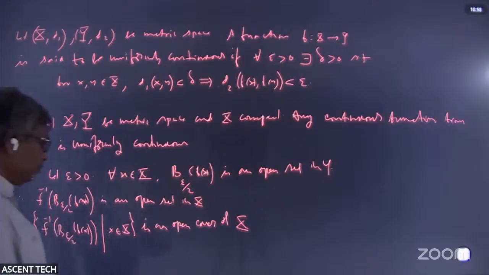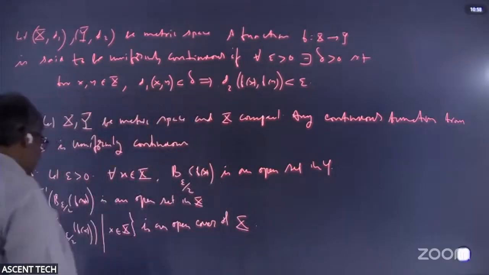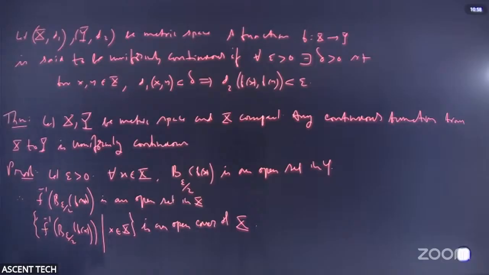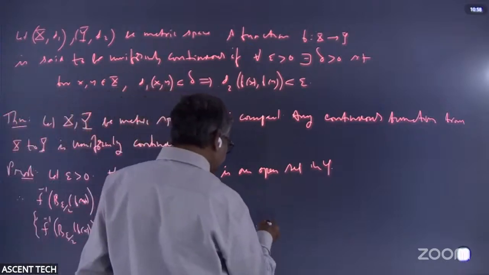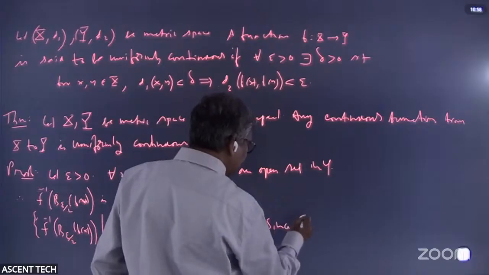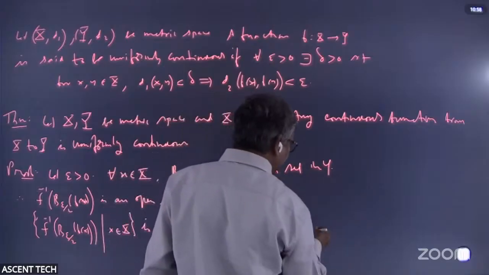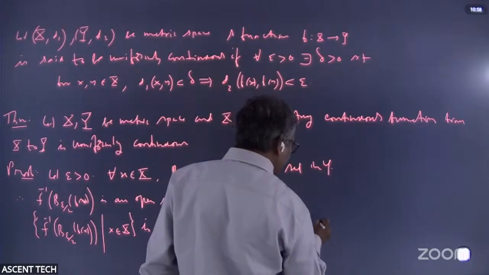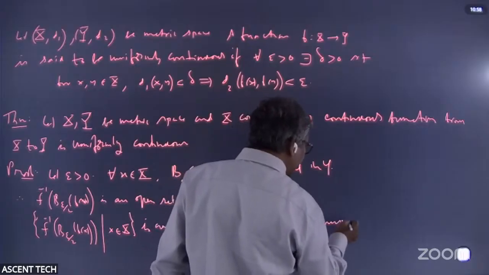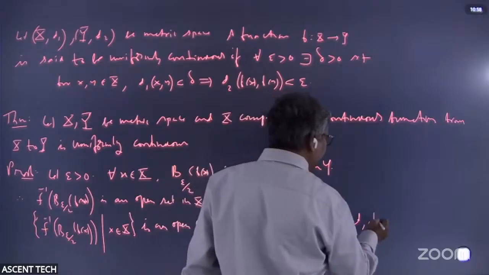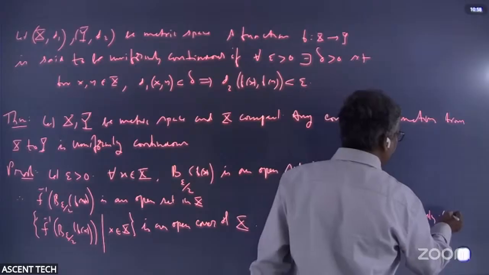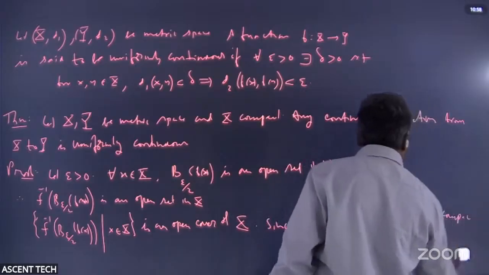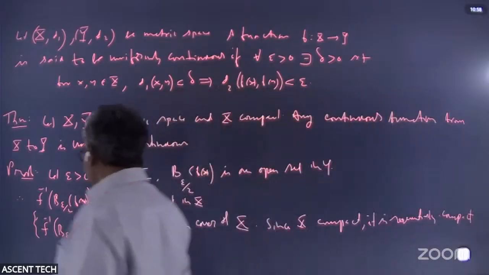Maybe I don't even need to do that. Okay, G is an open cover of X. But this open cover will have a Lebesgue number. Since X is compact, it is sequentially compact, and so this cover has to have a Lebesgue number.